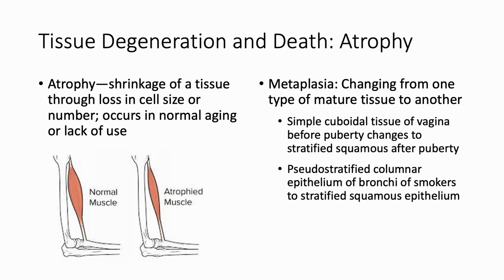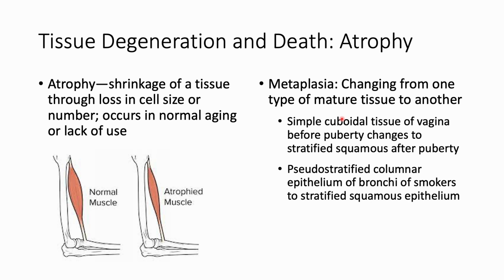This occurs in normal aging or lack of use. So if you've ever broken your ulna and your arm was in a cast, your muscle cells would have undergone atrophy.